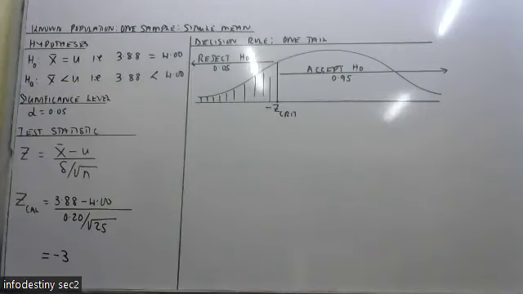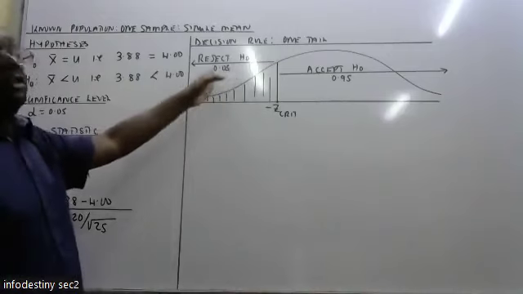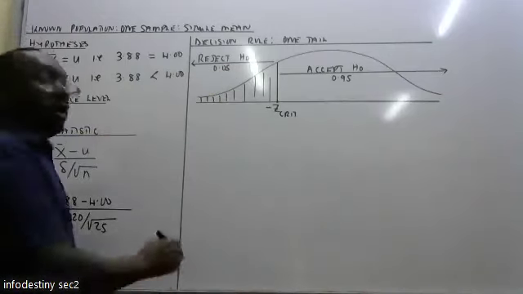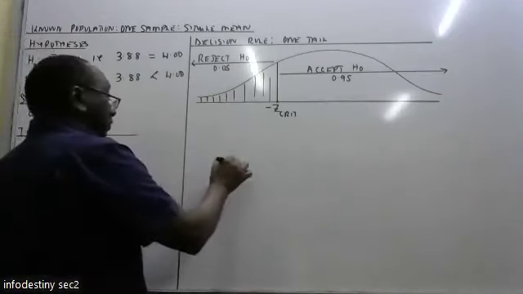Now I want you to take your normal curve tables. You see now this side is 0.05. So you go inside and look for 0.45.